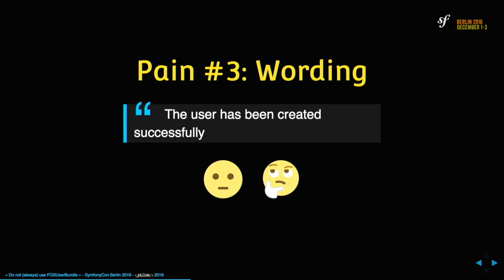That's not something you tell to a new customer on your e-commerce website, for example. It sounds like a robot talking to me. It's more for a backend than for the front end. So yeah, you will have to rewrite some of the texts the bundle provides.